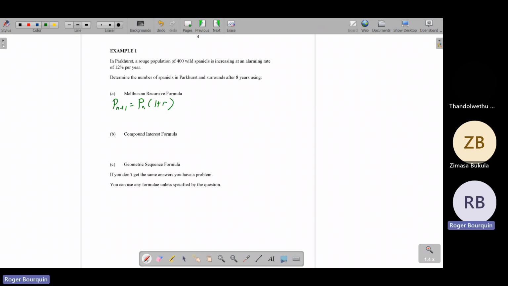Okay, so that's our general formula for a recursive formula. Okay, so in this particular case, but just worth remembering for finance and for this section.